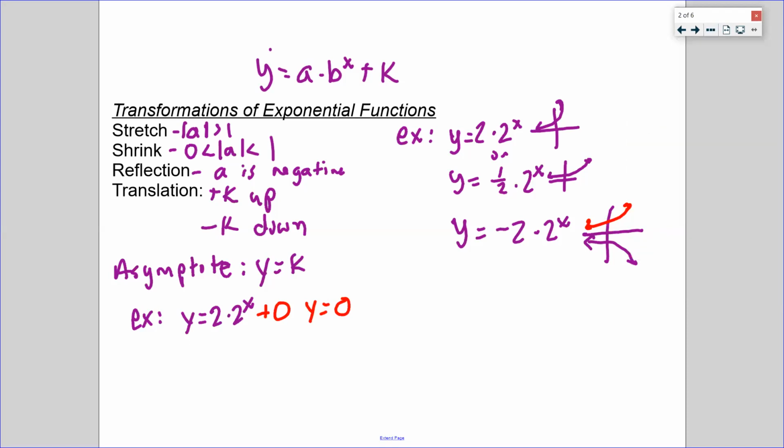But if we had y equals 2 times 2 to the x plus 2, we take that same graph and it moves up 2 and now has an asymptote at y equal to 2. So the two big things to worry about there: you'll see the stretch and shrink when you plug it into your x and y table, but the reflection and translation, that's the new part.